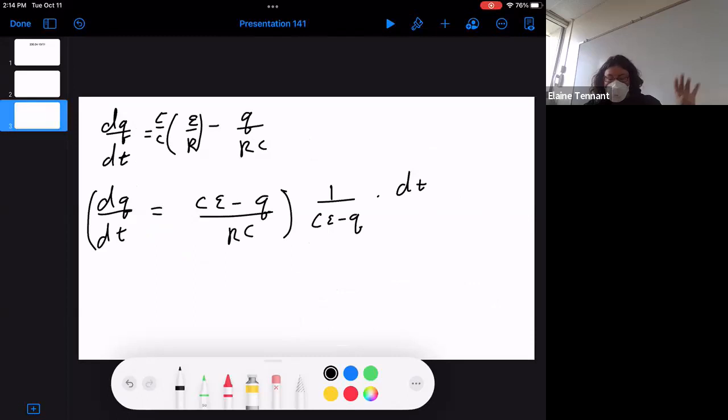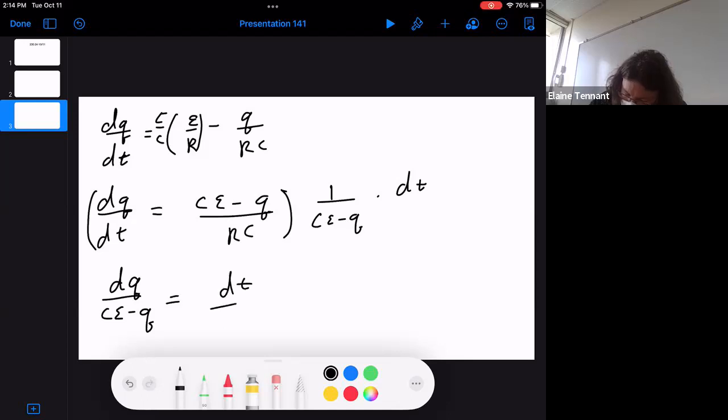So I'm glad to see this familiar term that's probably going to be in my final equation. So far, so good. On one side, I'm going to have dQ over C EMF minus Q. On the other side, I'm going to have dt over RC.